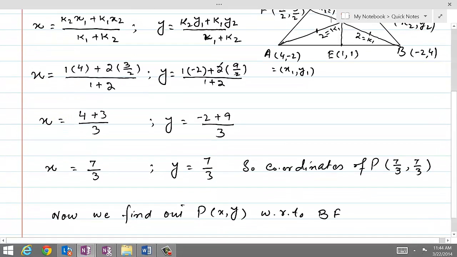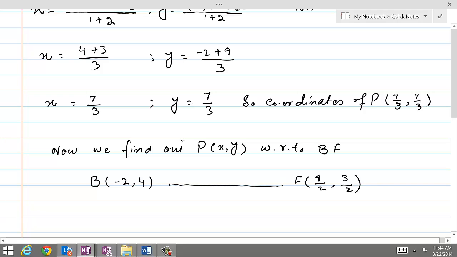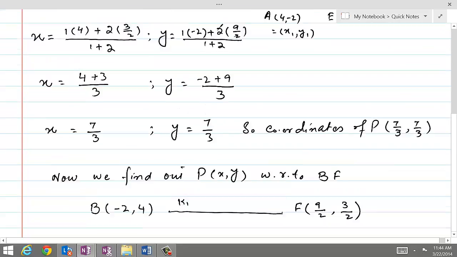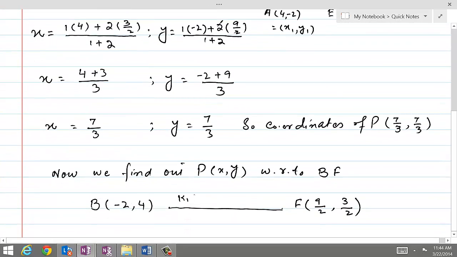So here if we just simply draw a line starting from B to F, that just will make our task easy. So K1 will be equal to, starting from B, this would be K1, which will be equal to 2. K1 is equal to 2 and K2 will be equal to 1.